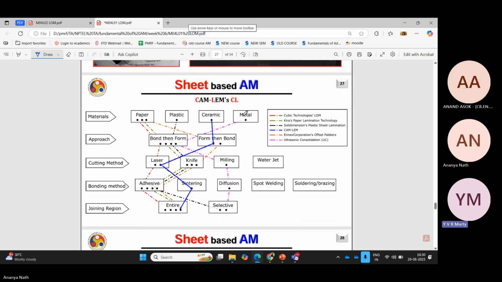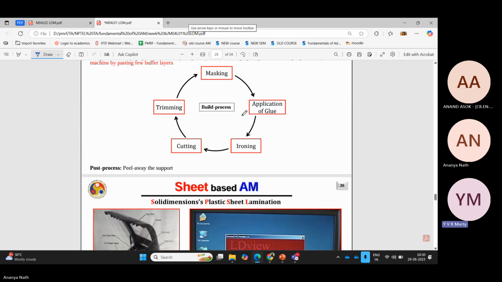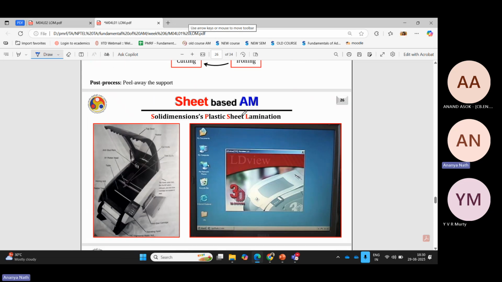Is it a roller? It can be a roller, it can be an ironing bar moving from one side to another, or a hot plate. A hot roller kind of thing moving from one part to another, or it can be stationary as well.